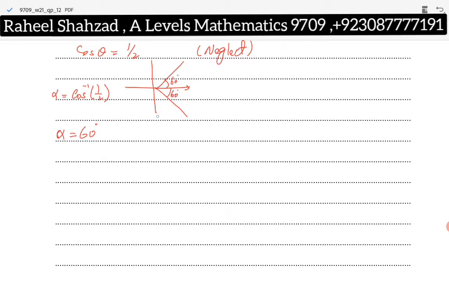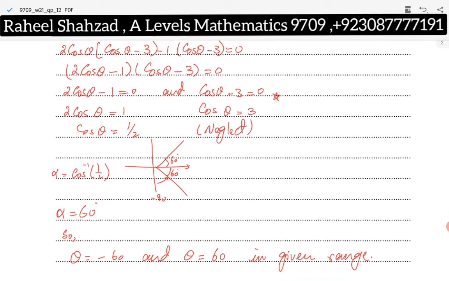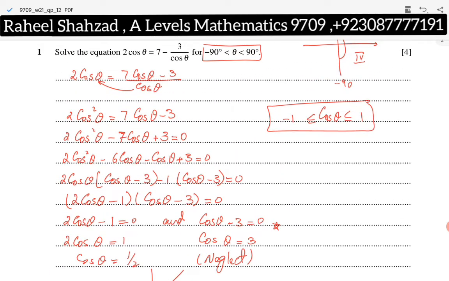But we know that this is negative 90 and that would become minus 60. So my final answers would be theta equals minus 60 and theta equals 60 in the given range, right? Because it was between minus 90 and 90 degrees.